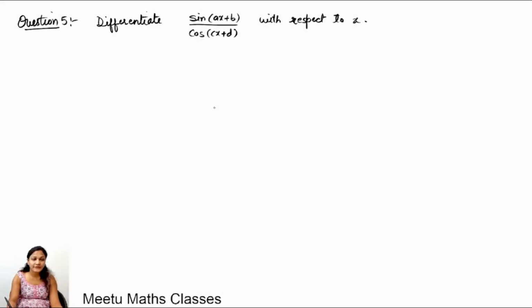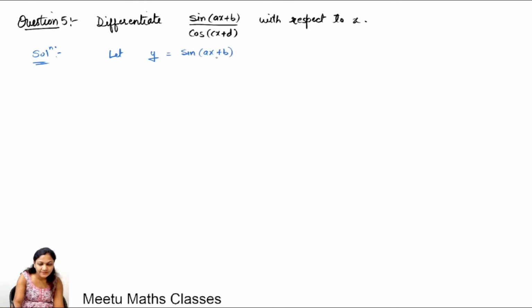Now question number 5 is differentiate sin ax plus b upon cos cx plus d with respect to x. Now to differentiate this function, let our function be y, that is sine of ax plus b upon cos of cx plus d.